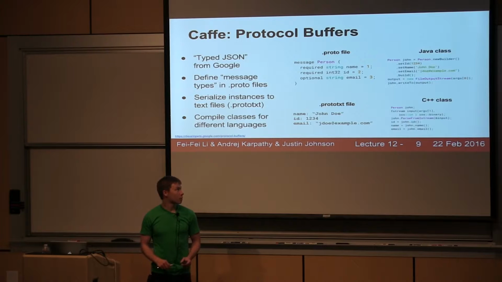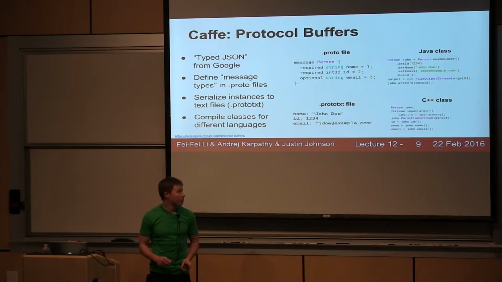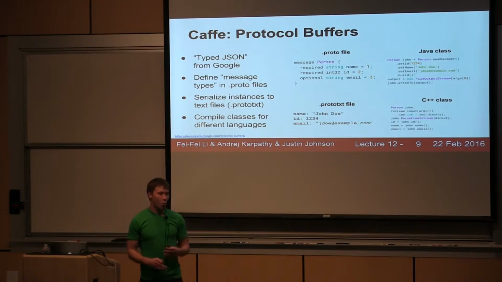Then protobuf includes this compiler that actually lets you generate classes in various programming languages to access these data types. So after running the protobuf compiler on this proto file, it produces classes that you can then import in Java and C++ and Python and Go and just about everything. So actually, Caffe makes wide use of these protocol buffers, and they use them to store pretty much everything in Caffe.